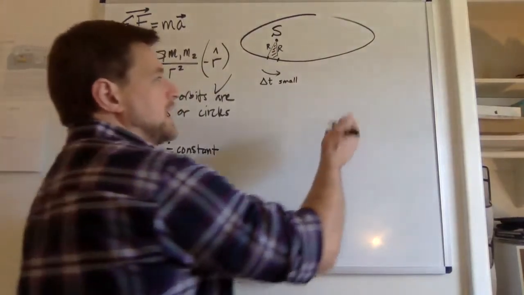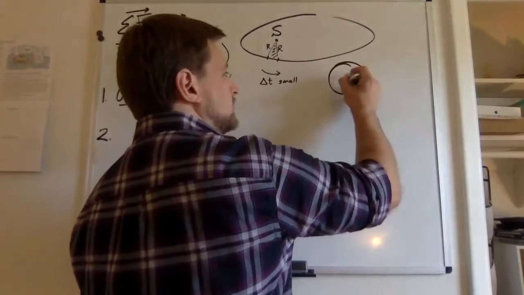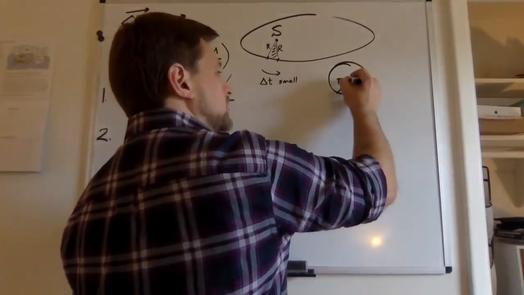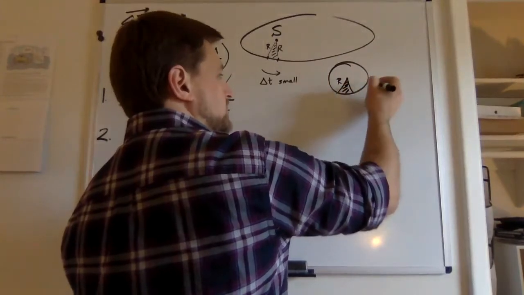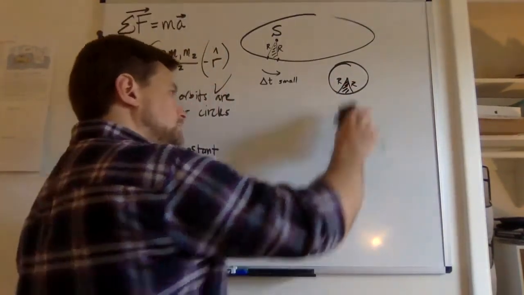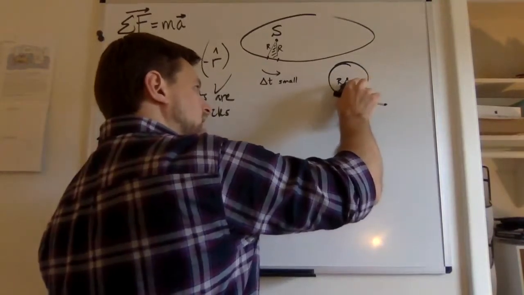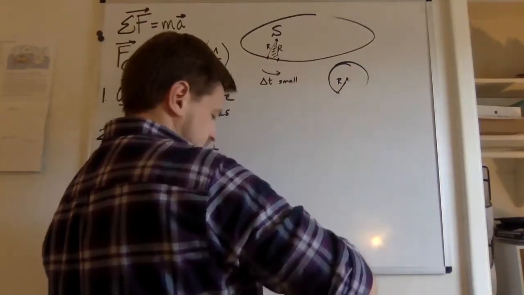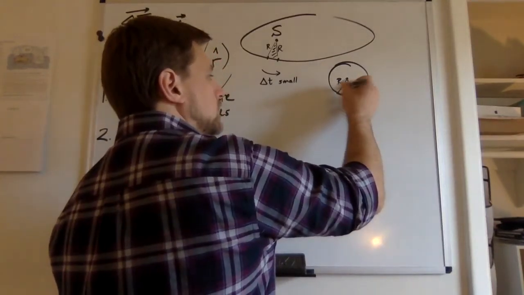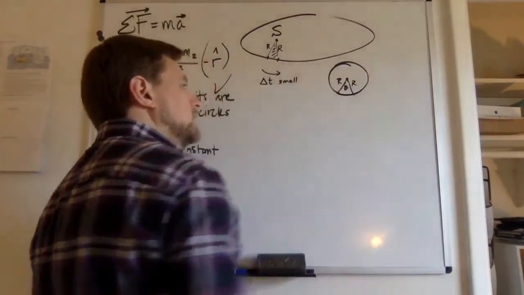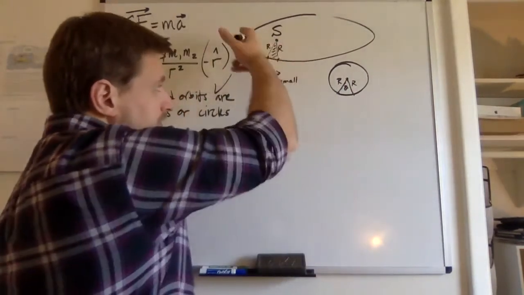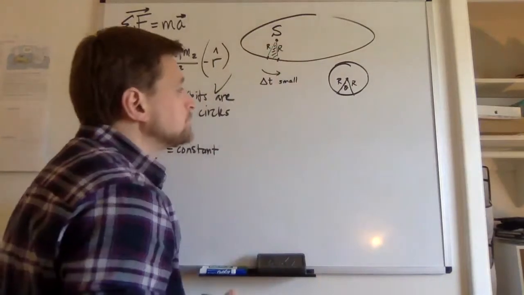Which means we're actually looking at a section of a circle. If the radius is the same all the time, then we're looking at a sector of a circle. That sector has some central angle theta, according to how fast we move from point 1 to point 2.